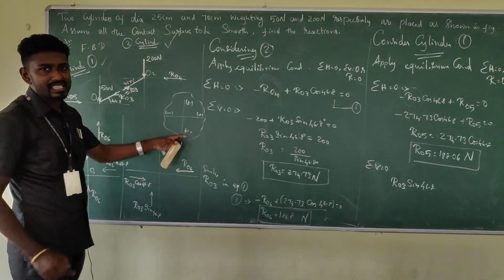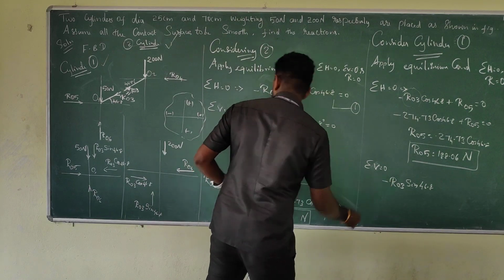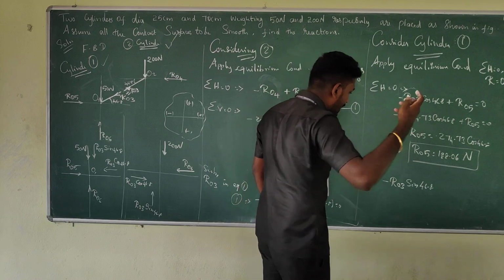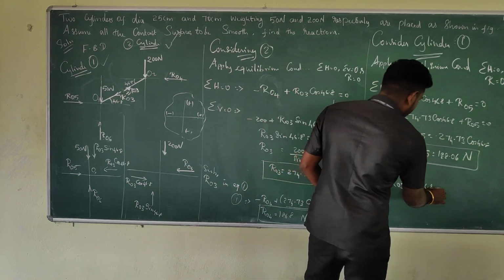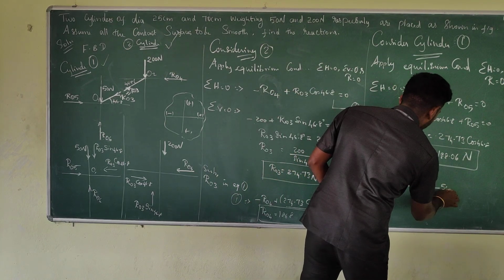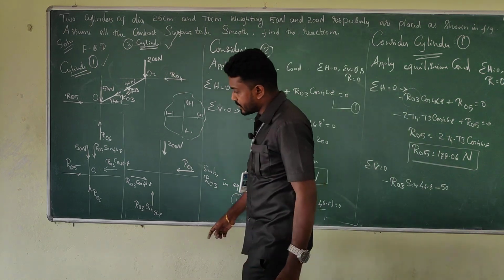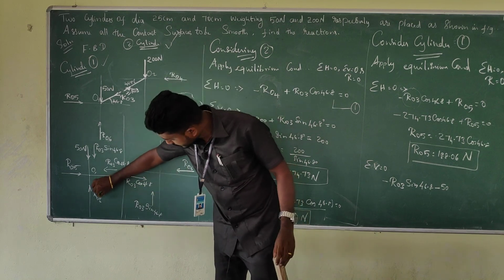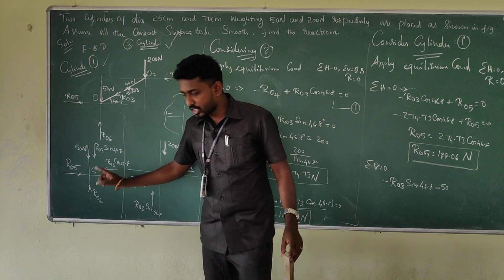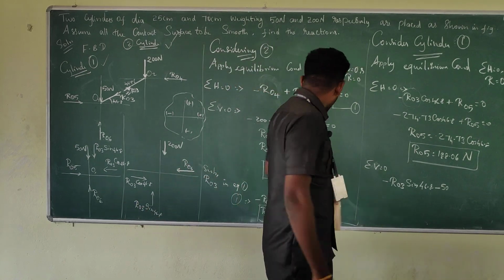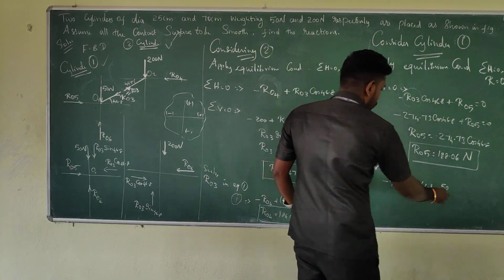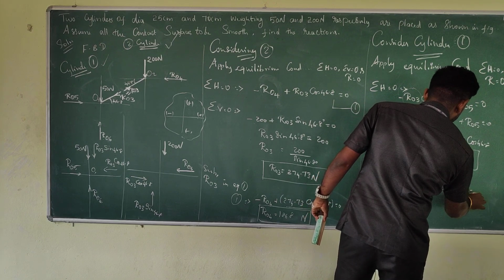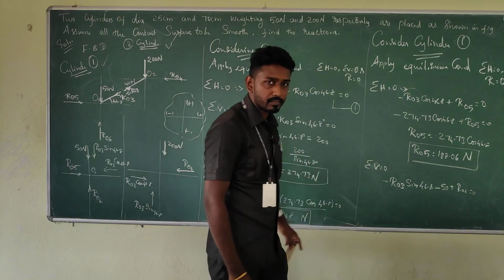Vertically downwards in the sense it carries negative sign. What about the next force? 50 Newton force, weight of the object, which is directed downwards. Similarly, it also minus 50 Newton, right? And then any other vertical forces, RO6 is there, which is directed upward. So upward in the sense it's a positive sign. So plus RO6, which is equal to 0.